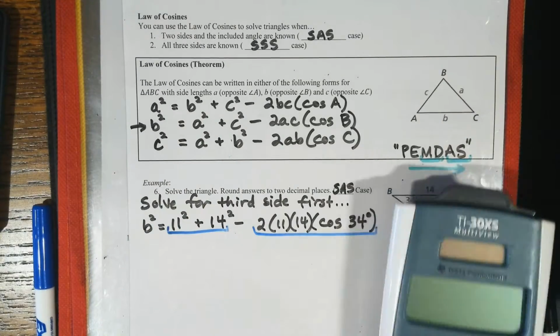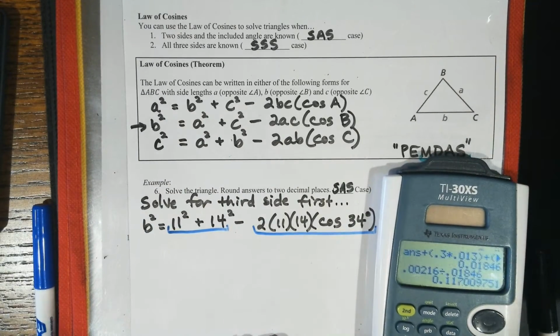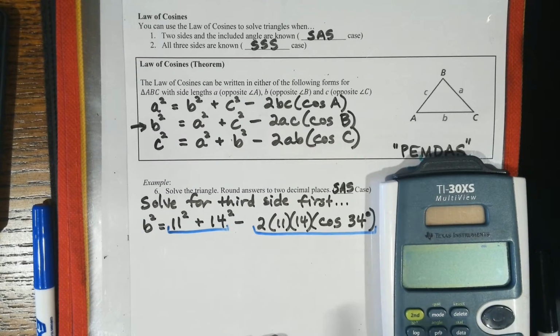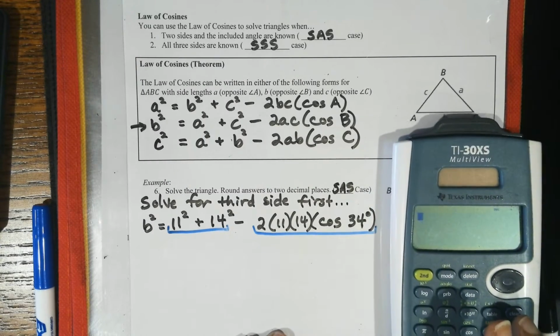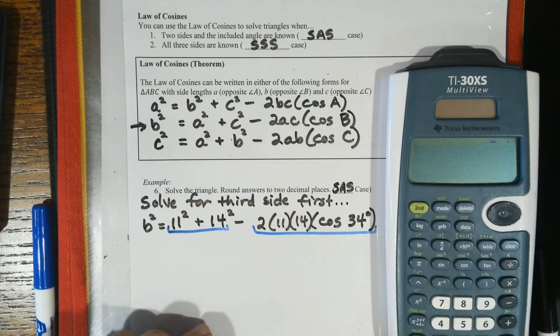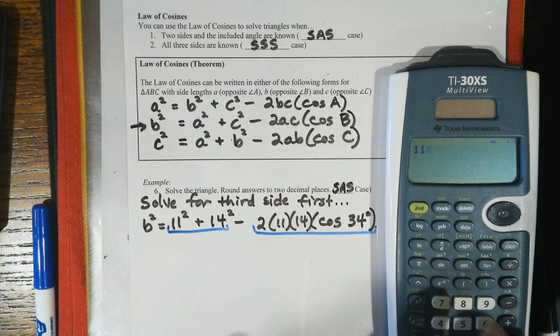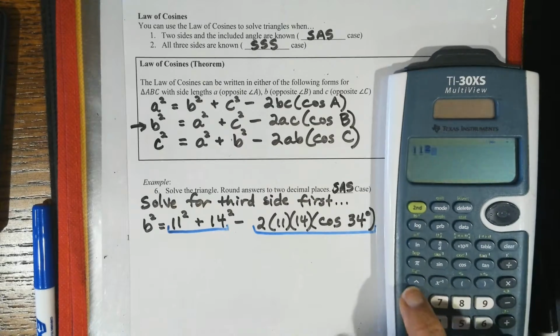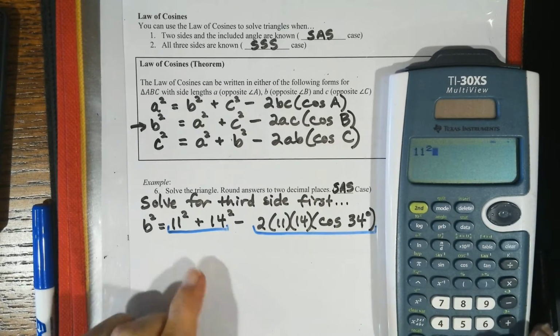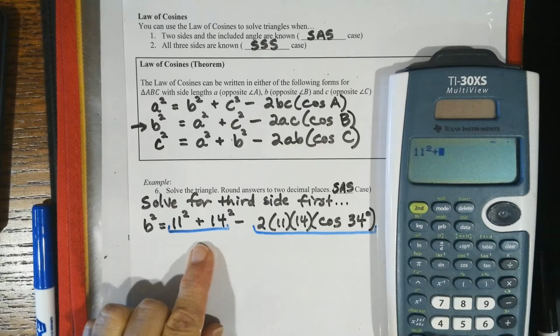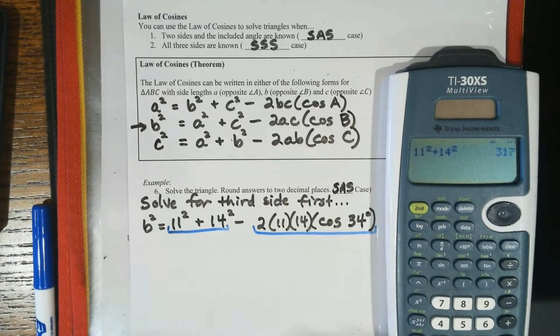I'm going to use my TI on this one, and then I'll use my other one on the next one. So I'm going to do 11 squared. Squared. You probably have a squared button on yours too. Plus 14 squared, and I'm going to press equals.